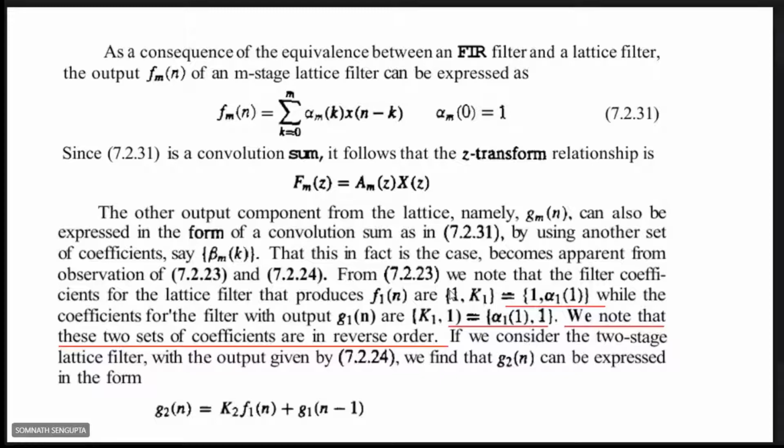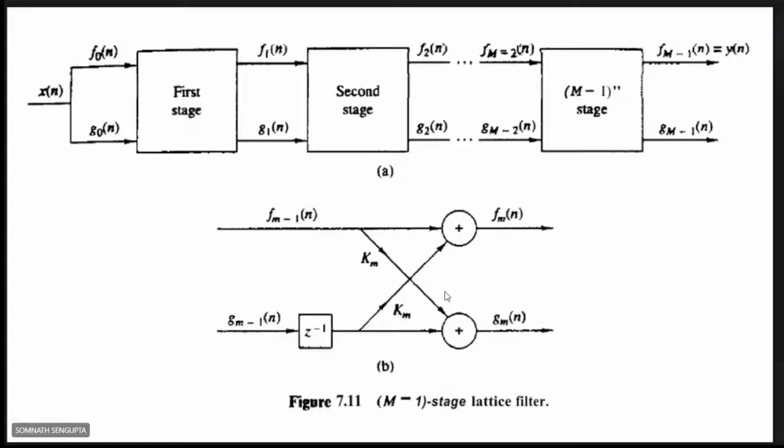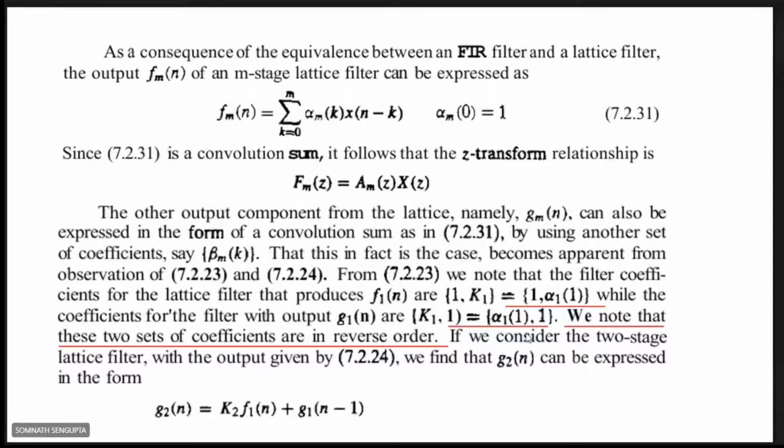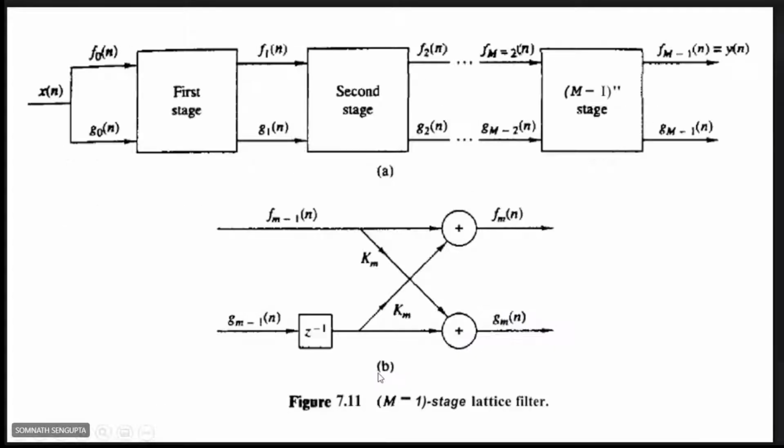In the lattice, another output is there, that is gmn, the second output. If you go through the equations, g1n is the product of K with f plus g of n minus 1.